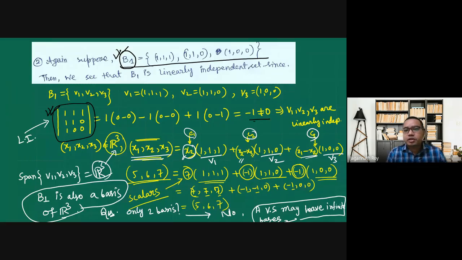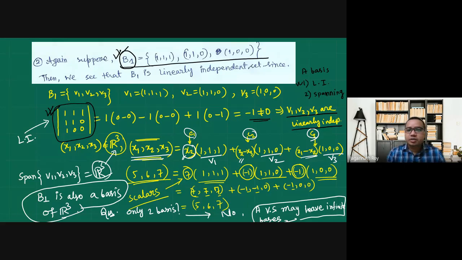If it is non-zero, then we conclude that they are linearly independent. In order to be a basis, it must satisfy two conditions: it should be linearly independent, and it should be a spanning set.